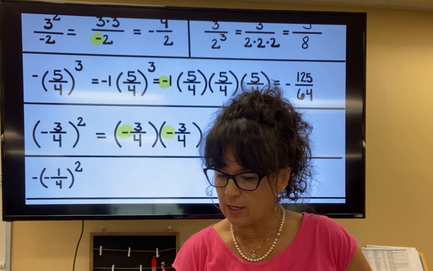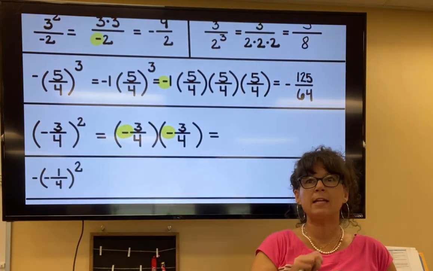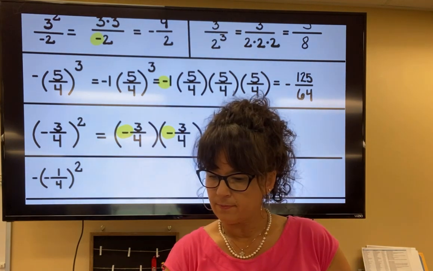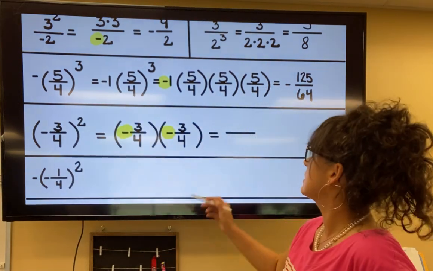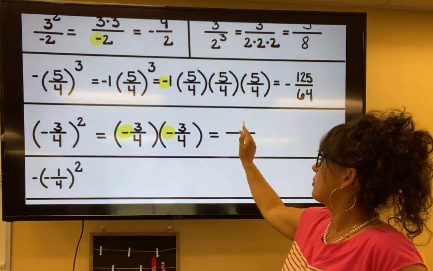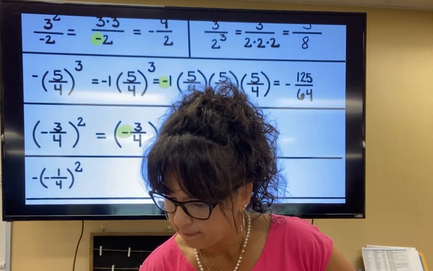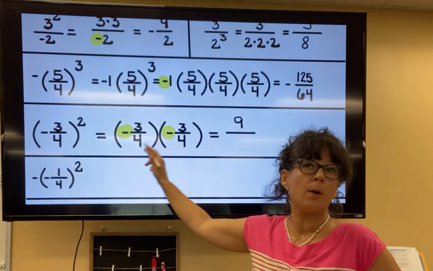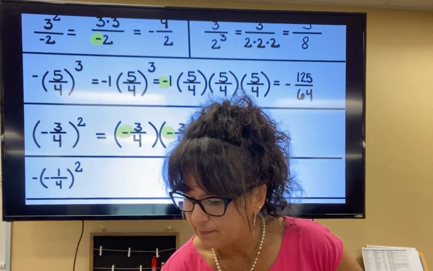I have 2 negatives sitting here. So an even amount of negatives, my answer is positive. And then I want to multiply straight across. So 3 multiplied by 3 is 9. And 4 multiplied by 4 is 16.